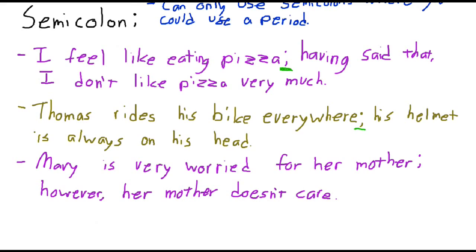But to give you an idea, Mary is very worried for her mother. Semicolon. However, her mother doesn't care. So once again, we have two ideas there. Mary is worried for her mother, or sorry, two sentences. However, her mother doesn't care. Okay, so they're separated by a semicolon. And like I said previously, if you wanted to, you could use a period.